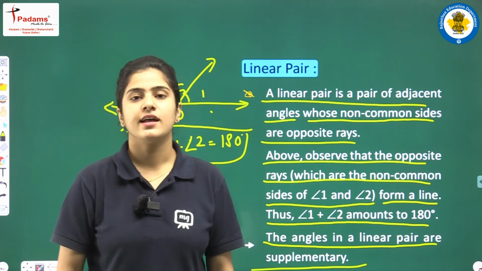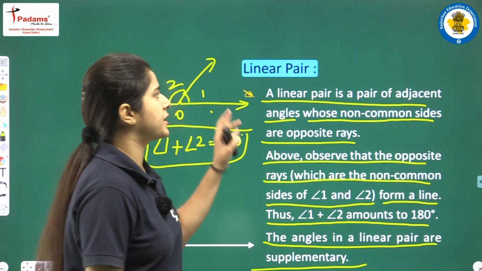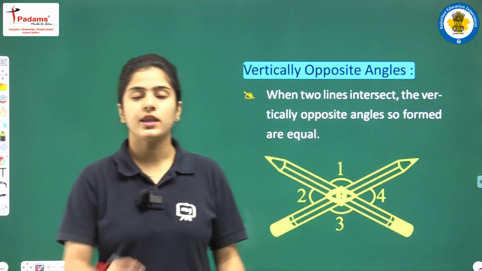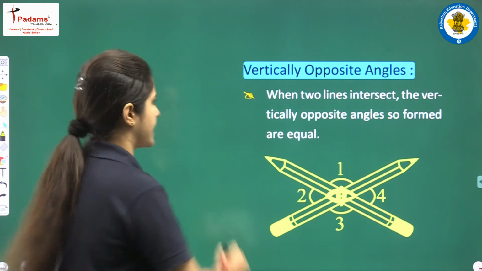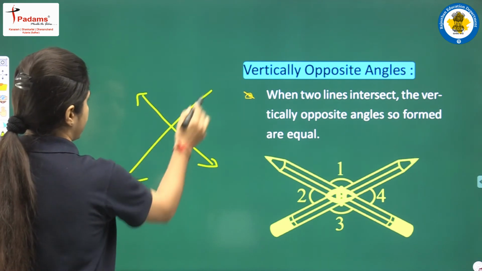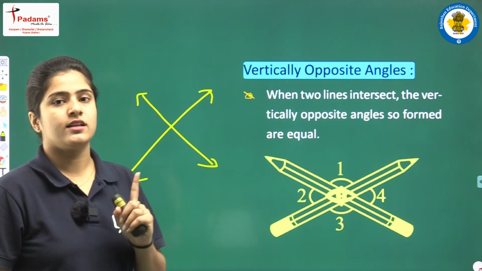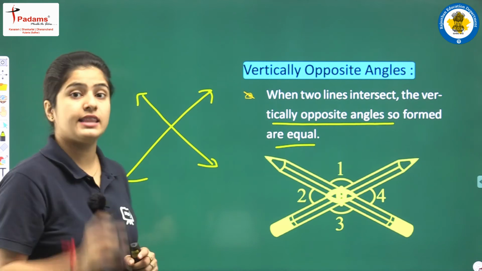Okay, students, looking at the another part, what is that? The angles we are talking about next is vertically opposite angles. Students, when two lines intersect like this is first line and this is the second line. Okay, when the two lines are intersecting, then the opposite angles formed are vertically opposite angles, and these are equal.